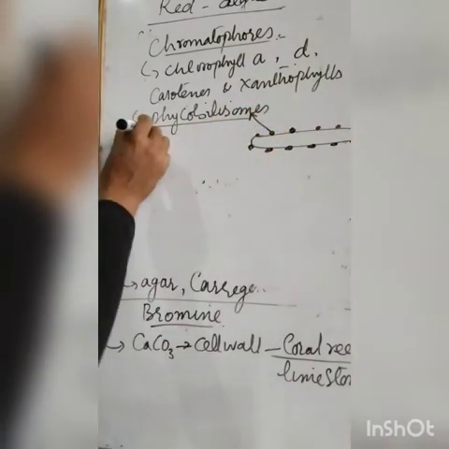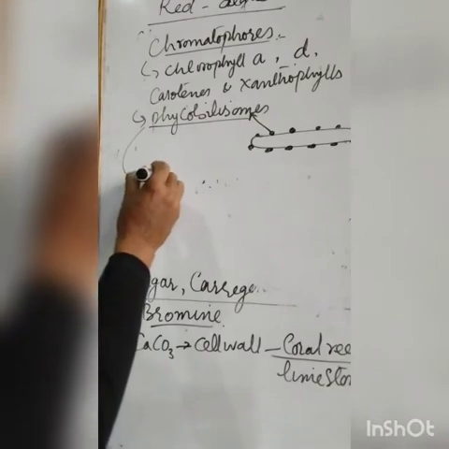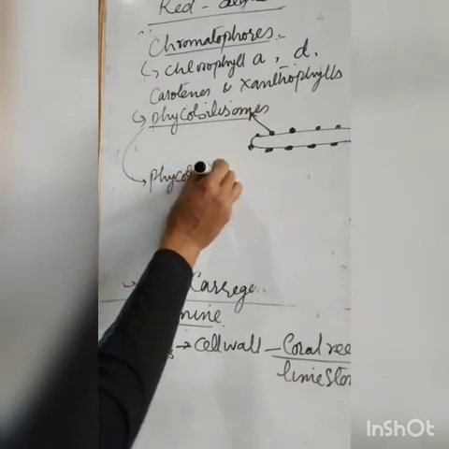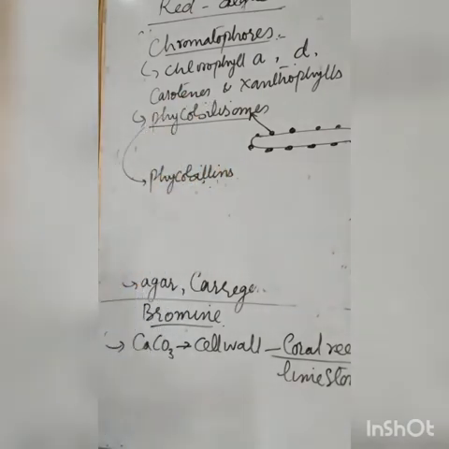These phycobilisomes contain additional pigments called phycobilins, associated with them.